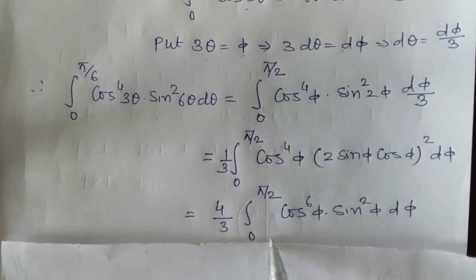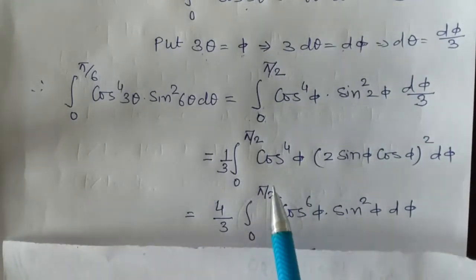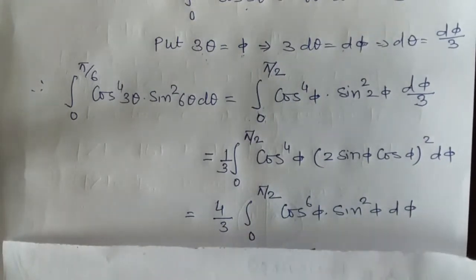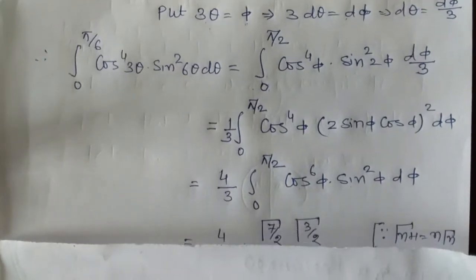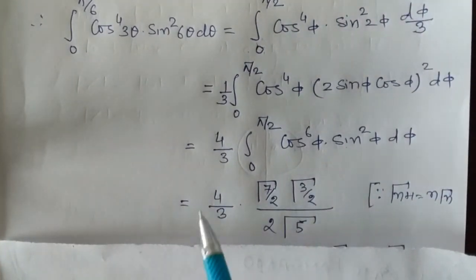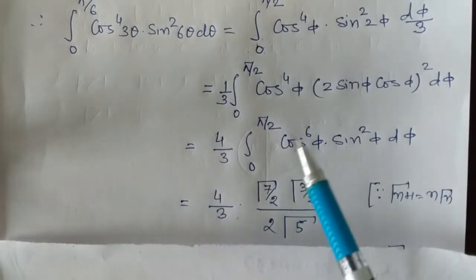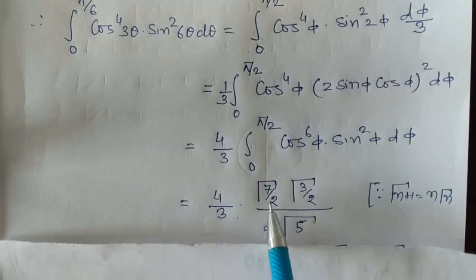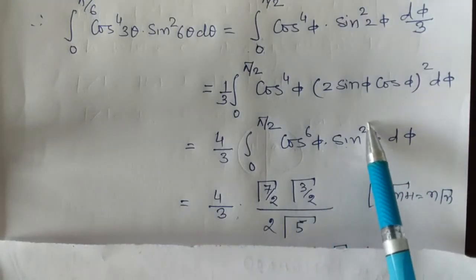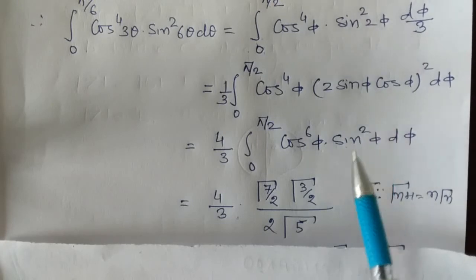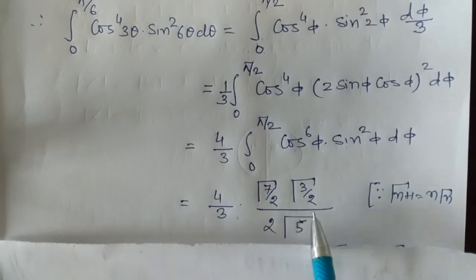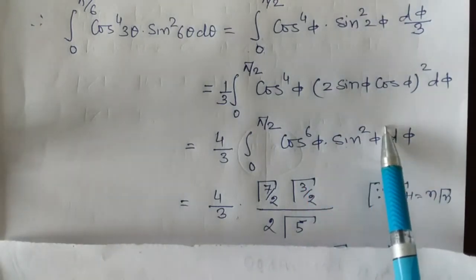So now the integral take the standard form 0 to pi by 2 cos power m theta sin power n theta d theta. So using the relation, we have 4 by 3 into gamma (m plus 1) by 2, so 6 plus 1, 7 by 2, so we have gamma 7 by 2 into gamma (n plus 1) by 2, so n plus 1 is 2 plus 1 by 2, gamma 3 by 2 upon twice gamma (m plus n plus 2) by 2.